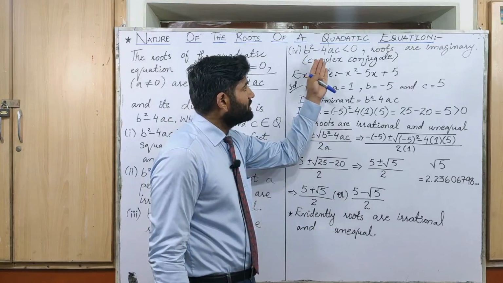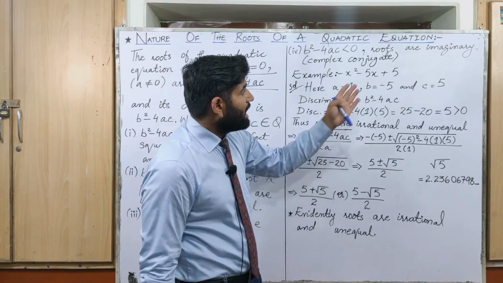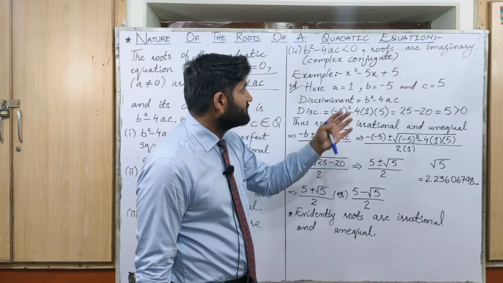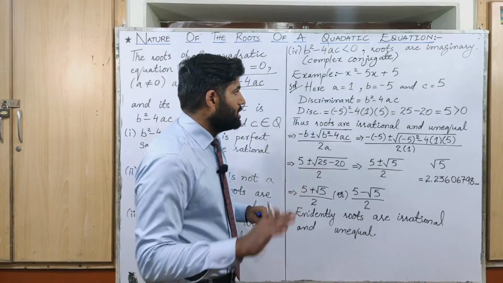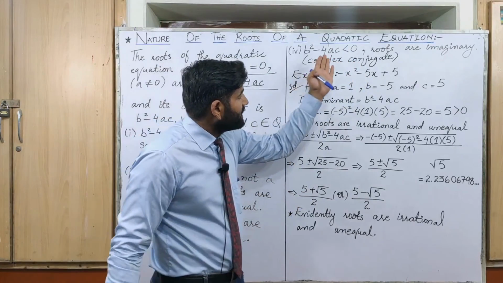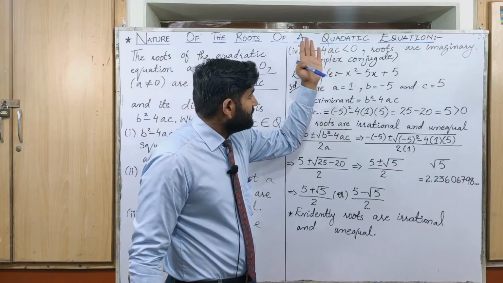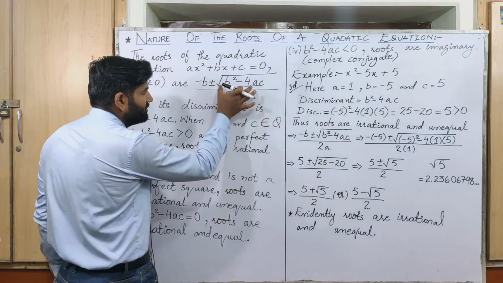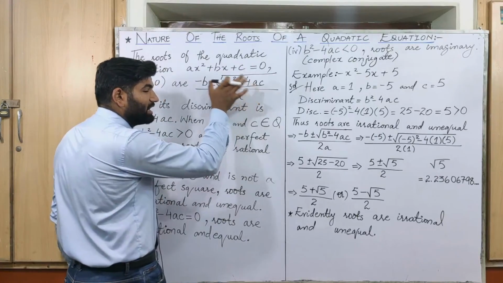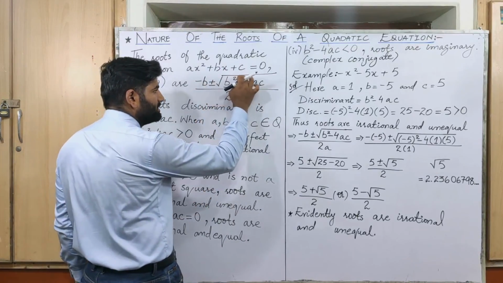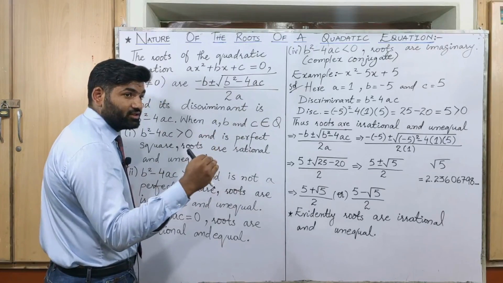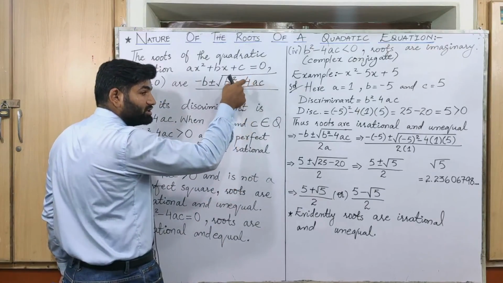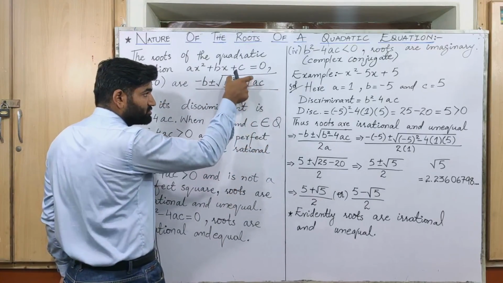If b square minus 4ac is less than 0, then our roots will be imaginary, or we can say complex conjugate. The reason behind this is that if we get a negative value under the root, meaning the result of b square minus 4ac is less than 0, then we will get a negative value under the square root.